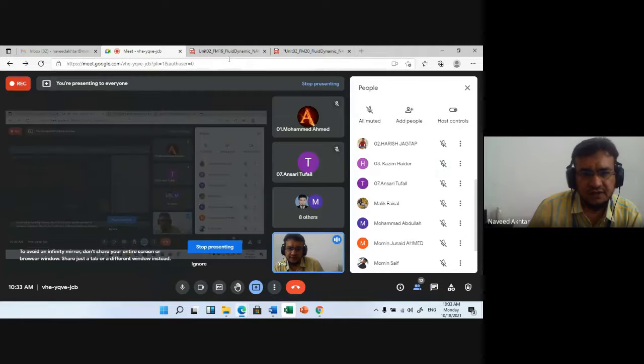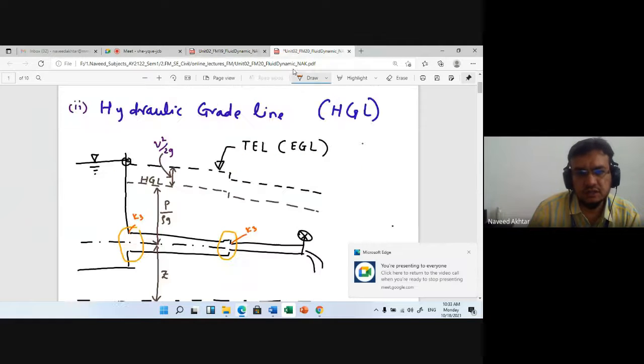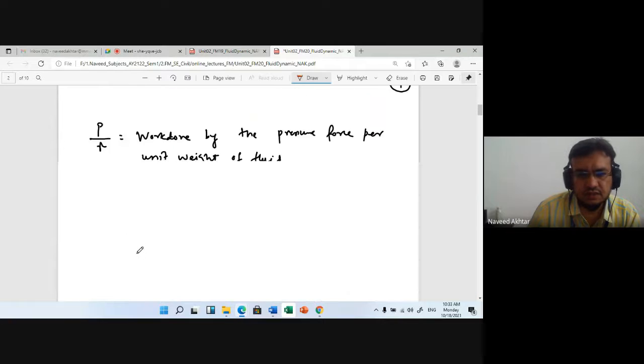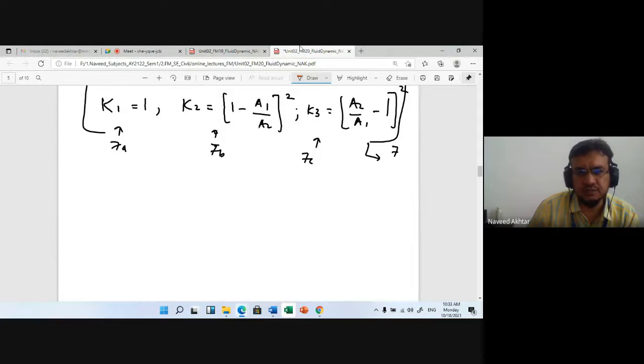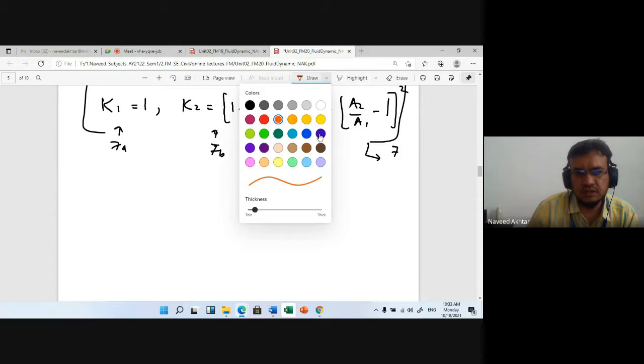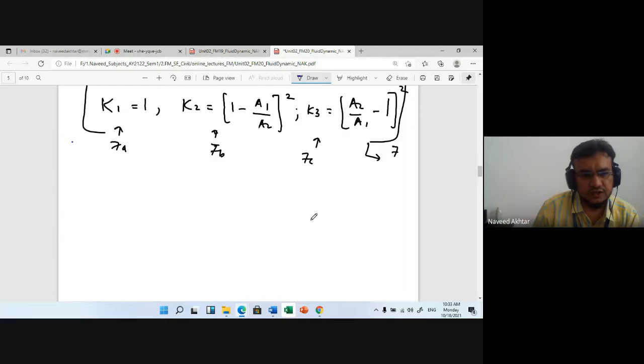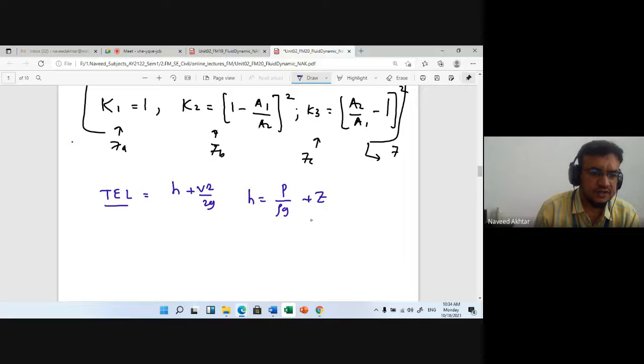So TEL is nothing but the total energy line, H plus V square by 2G, where H is nothing but P upon rho G plus Z. So that is the total energy line.